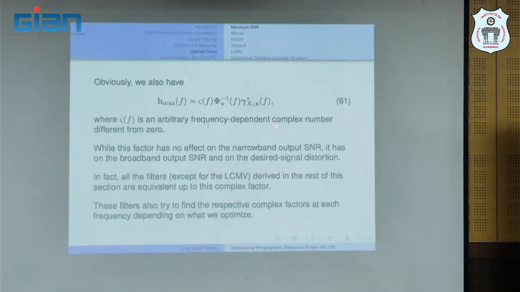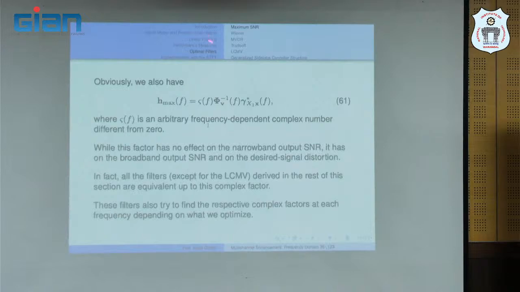We saw that any filter that is proportional to phi v minus 1 d, which is gamma, the complex conjugate of gamma, the partially normalized coherence function here, with zeta any number different than 0, gives us a filter that maximizes the output signal to noise ratio. And we will see that this is for the narrowband, okay?